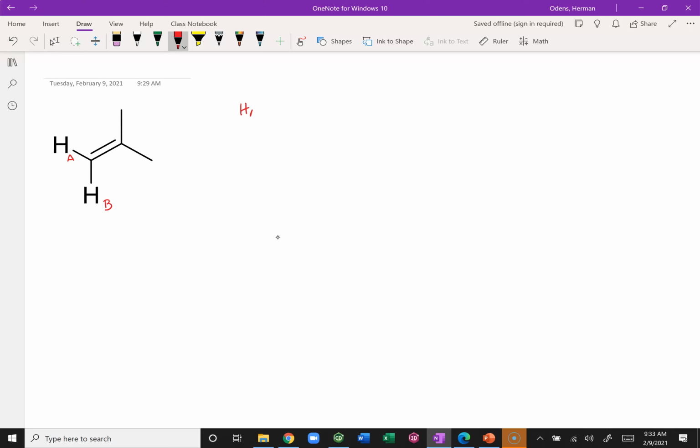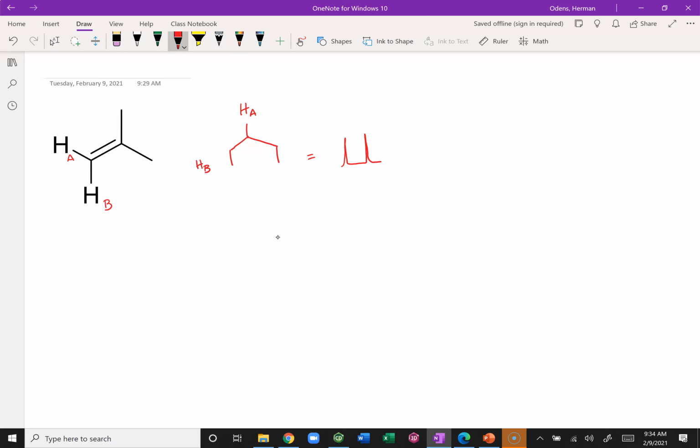When HA is by itself, and the same thing works for HB, it's a singlet. But what happens? A and B are sharing the same carbon. So B is going to say, okay, you know what, twin brother? We're going to take this shirt and duplicate it so we can use it. Both can wear it. So they buy two shirts of the same kind, and now you have what will look like a doublet. So this signal will be a doublet.